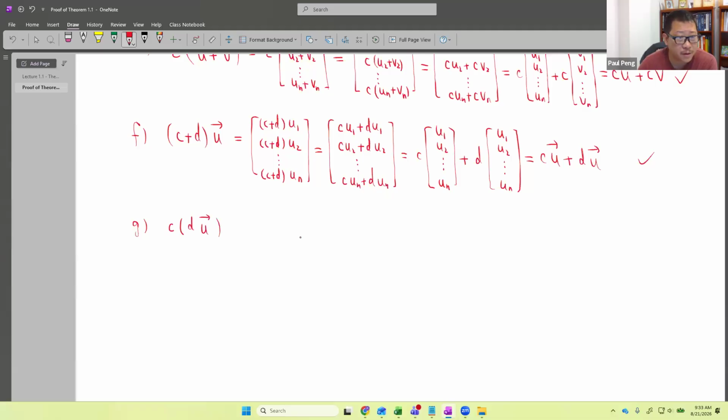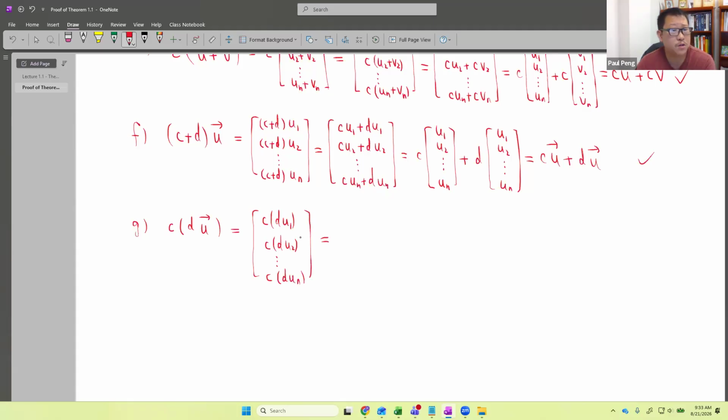C and D are scalar numbers. You can associate C and D together. Is that true? Let's do the calculation. What does this mean? By definition, this will be C times D u1, C times D u2, goes on to C times D un.